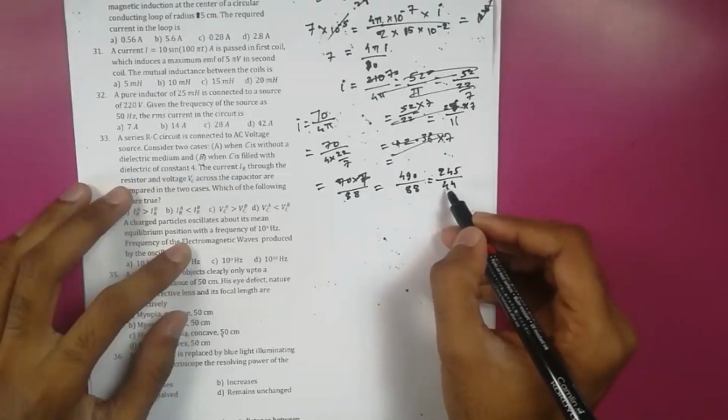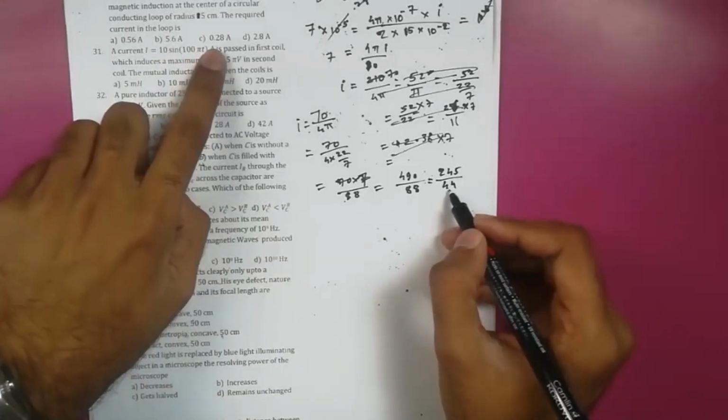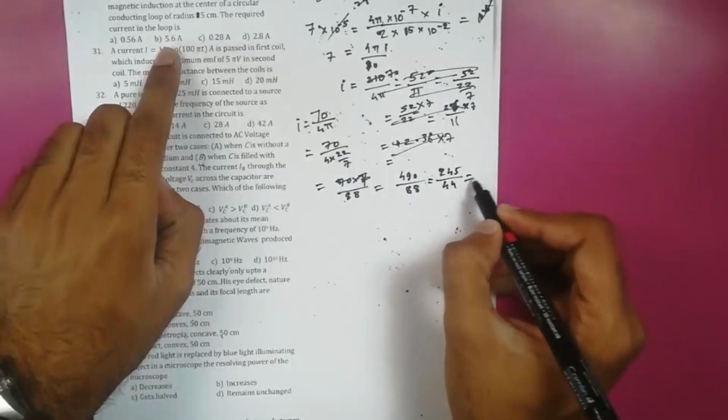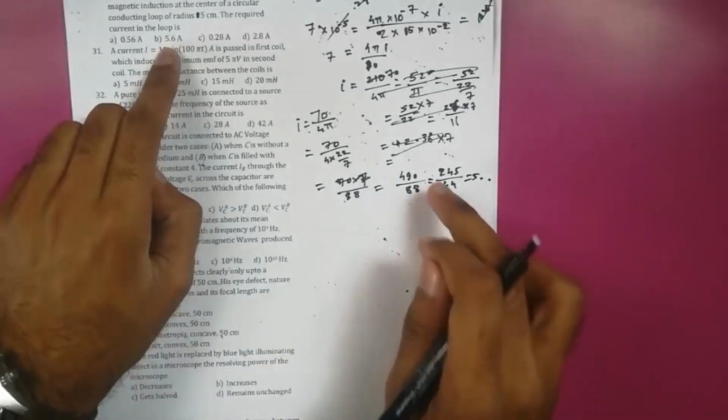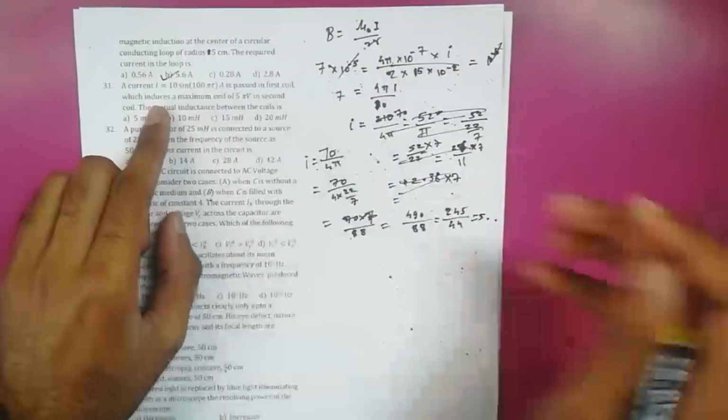So if you see which one would be the right answer, the more accurate answer comes out to be somewhere around 5 point something, right? So option P, 5.6, which is easy.